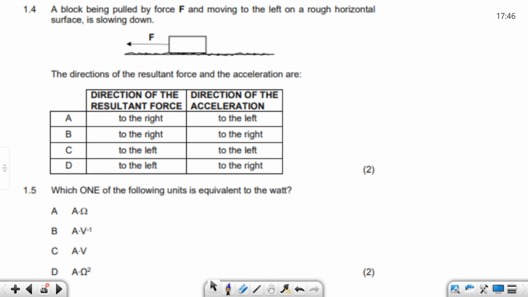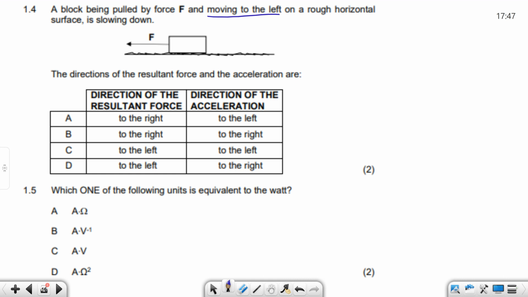A block is pulled by force F and moving to the left on a rough horizontal surface. If it's rough, there's friction. The direction of the resultant force and the acceleration are? A block being pulled by F and moving to the left.